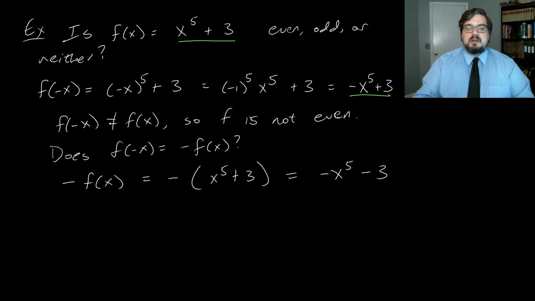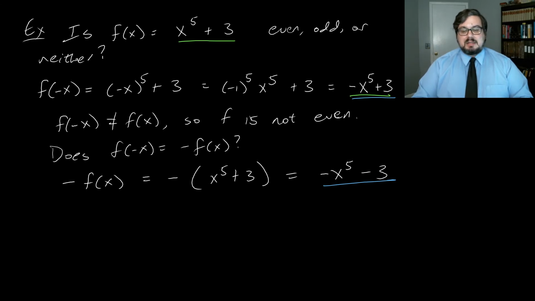And so now we can compare the expression we got out of f of negative x with the expression negative f of x. And we ask, are they the same? Well, again, they're not, because while the negative x to the fifth term matches up, the constant term doesn't.